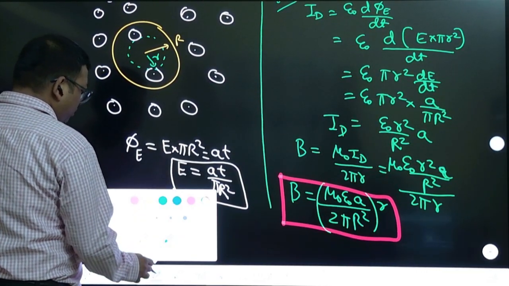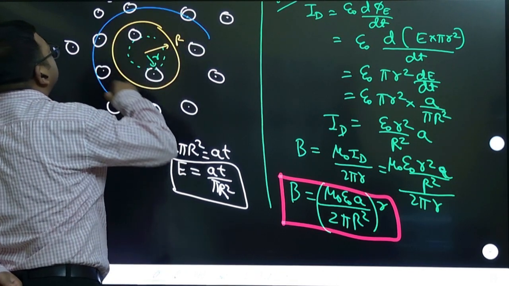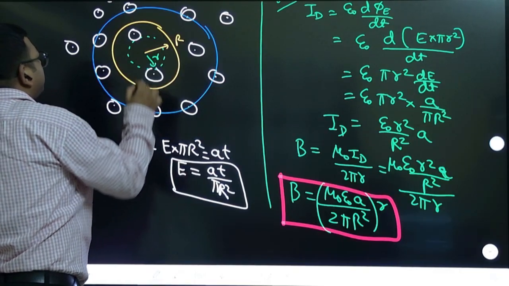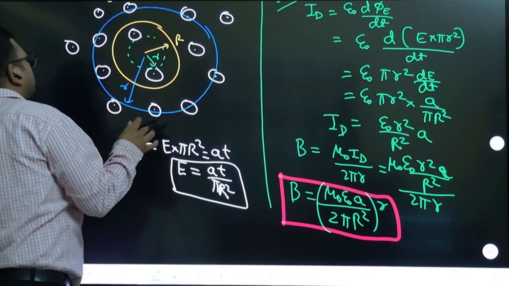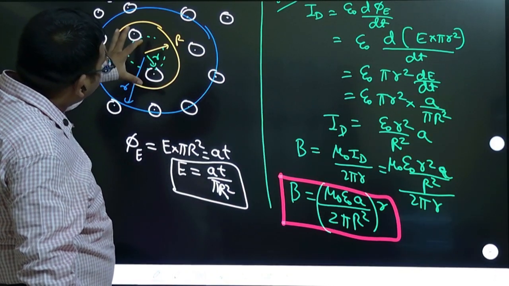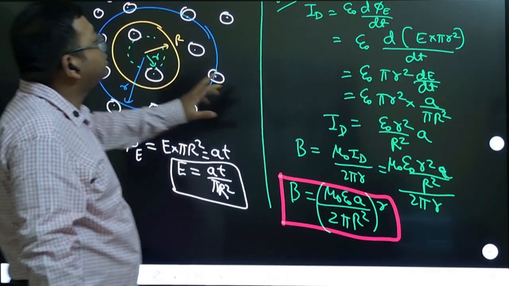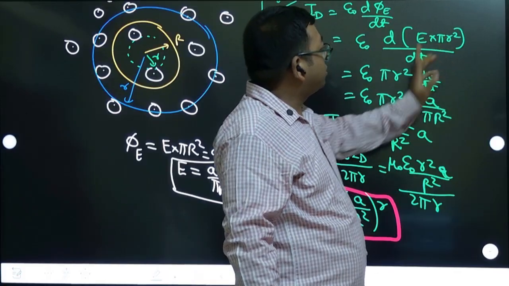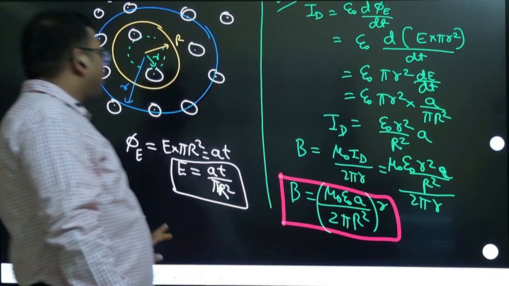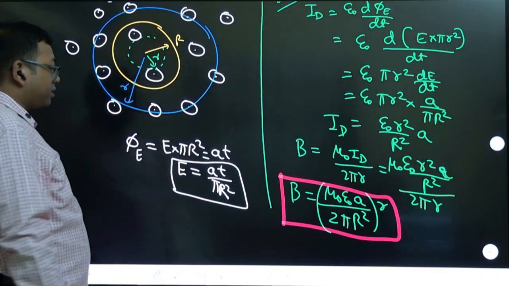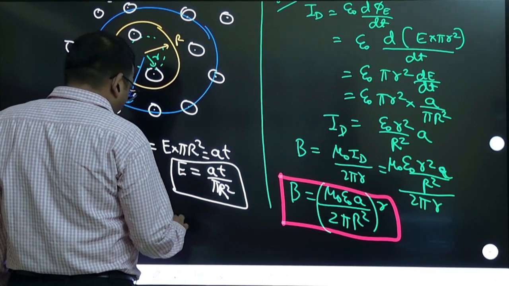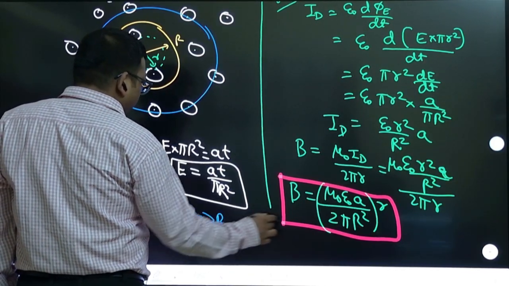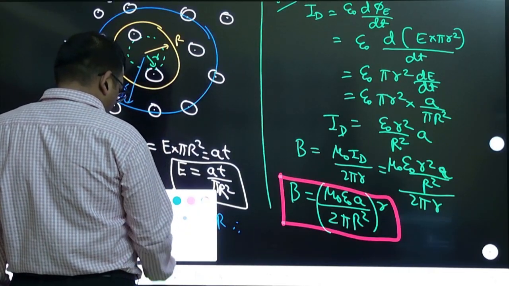Suppose I take a region beyond it. Now, if I am taking a region beyond it, for this region also the electric field is there, so there won't be any change in this calculation, E into pi r square. So I think we are going to get the same result. Okay, for r greater than R also you will get the same magnetic field result.